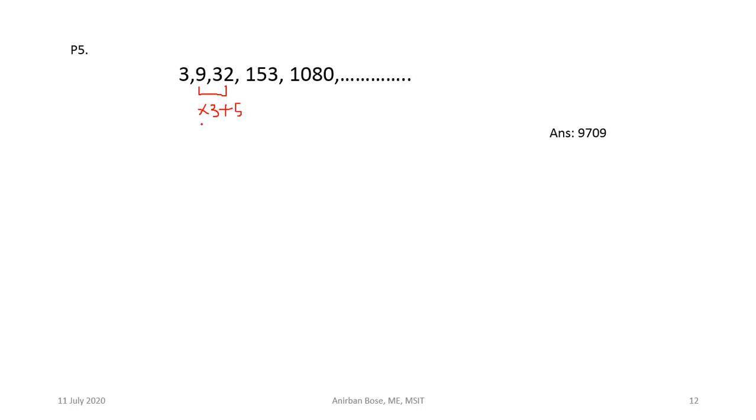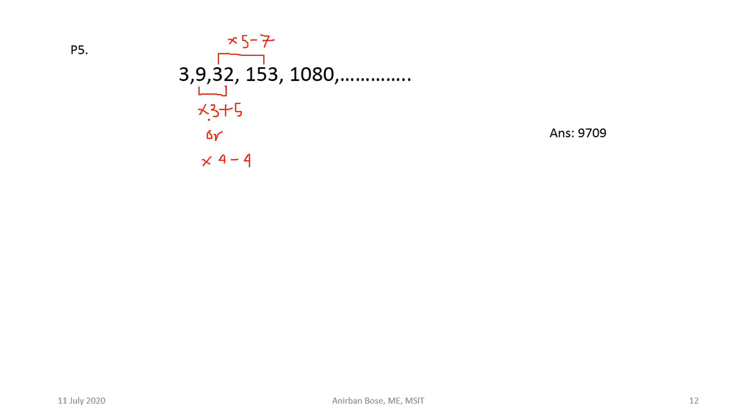Okay, or you can also think in this way, that it is into 4 minus 4, right? Okay, now from 32 to 153. So 32 to 153, easily what is coming, it is 5 into 32 is 160, 160 minus 7.